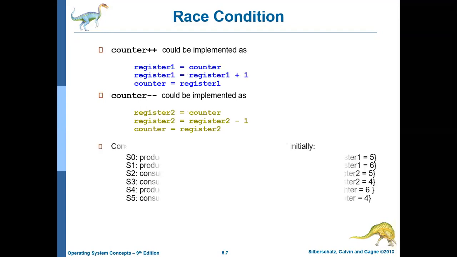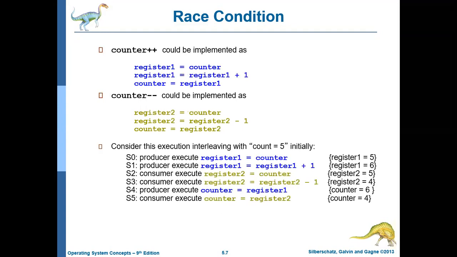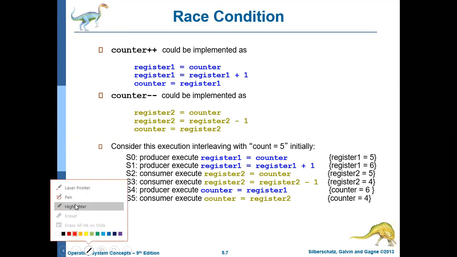We discussed that with an example using the producer-consumer relationship, where there is a common shared variable counter which is incremented by the producer and decremented by the consumer. We showed how it may create data inconsistency when these two processes were executing concurrently.